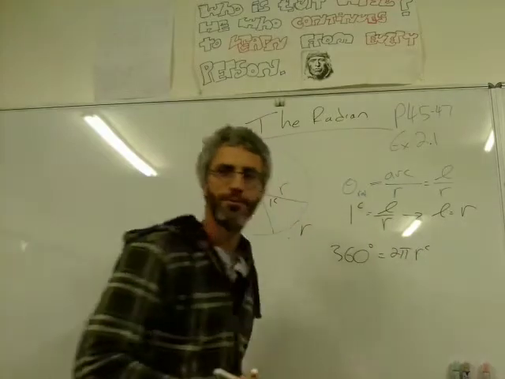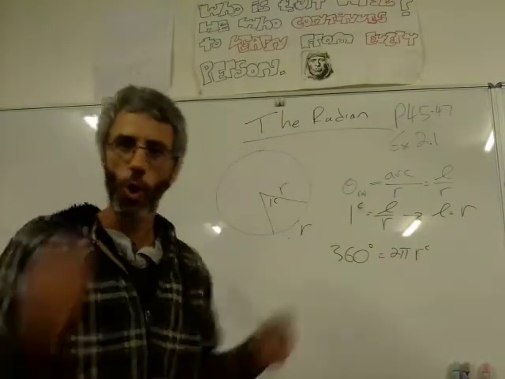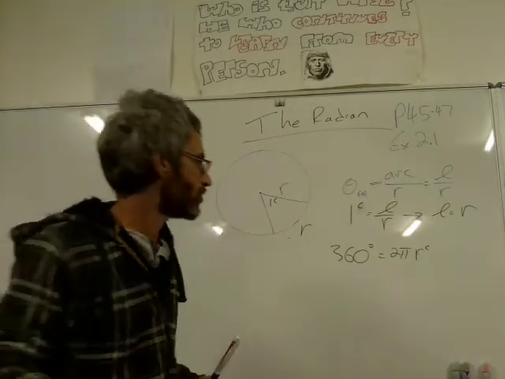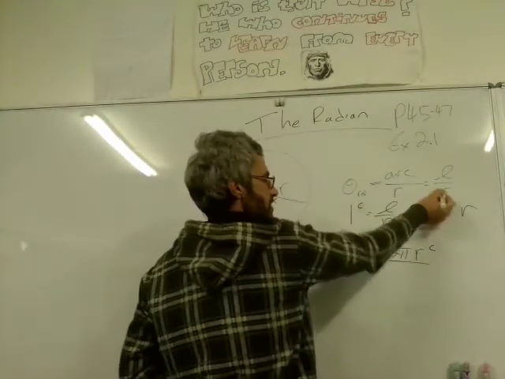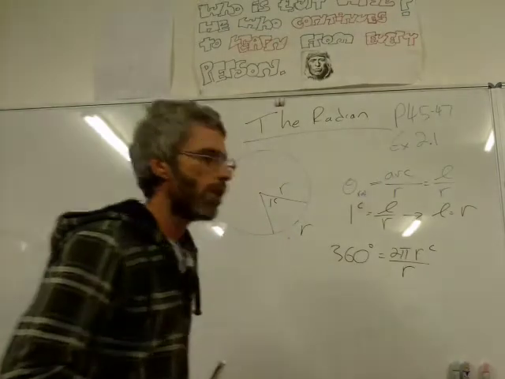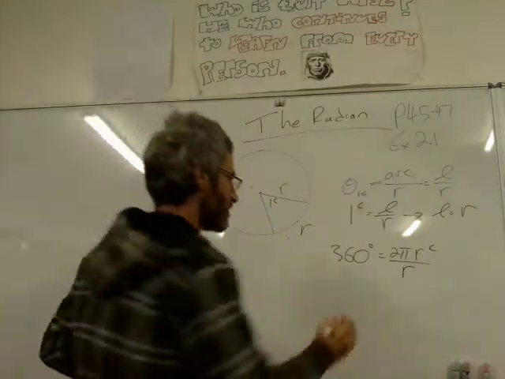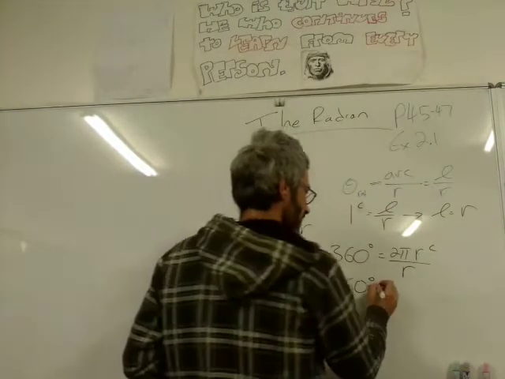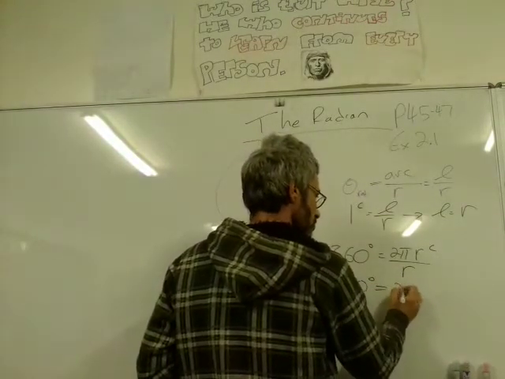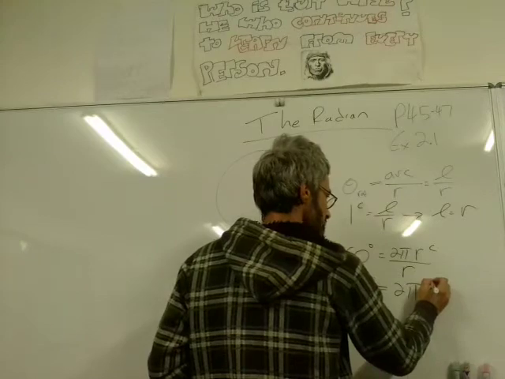It's 2 pi r. That's the arc of the whole circle. Now we need to divide it by the radius. So it's 2 pi r over r, and voila, you got the answer. So 360 degrees is equivalent to 2 pi radians.